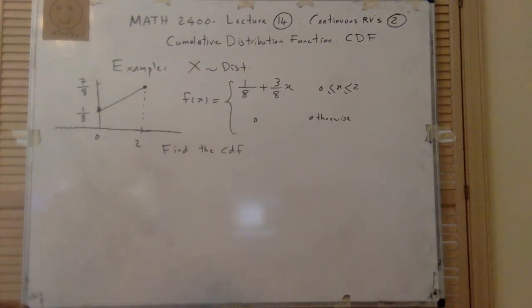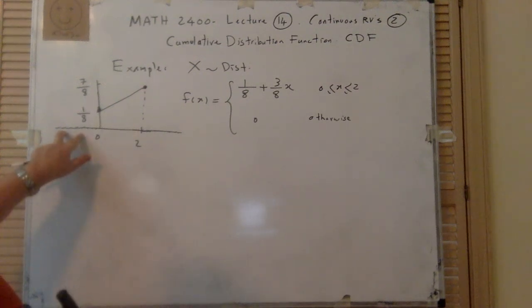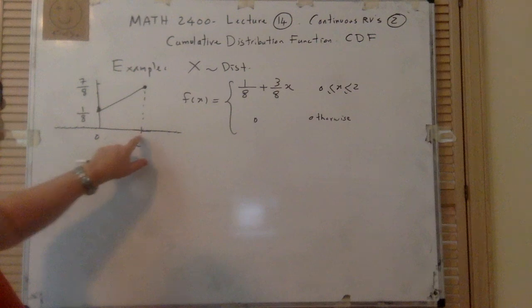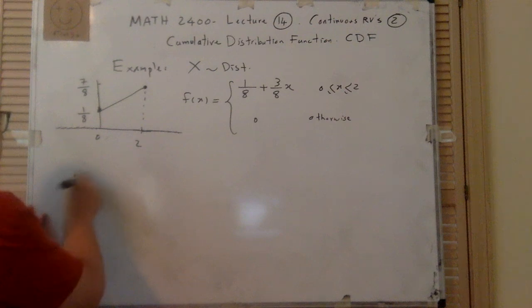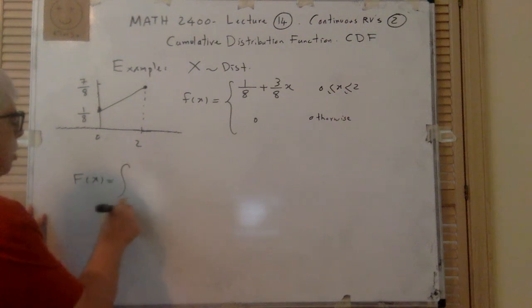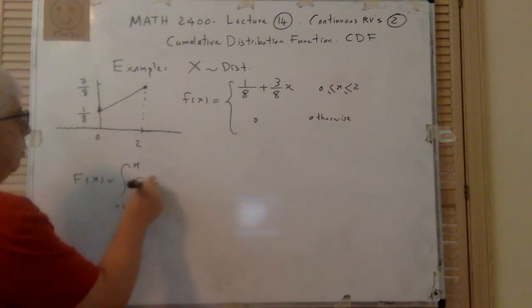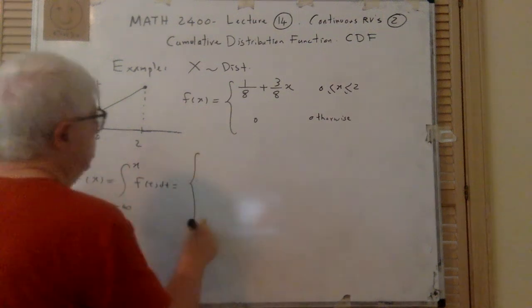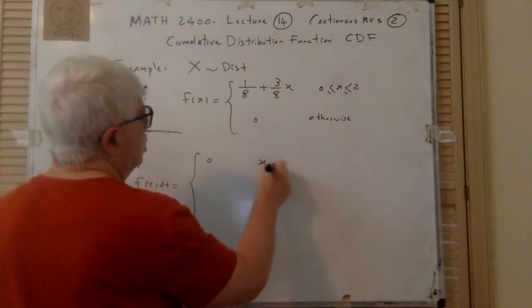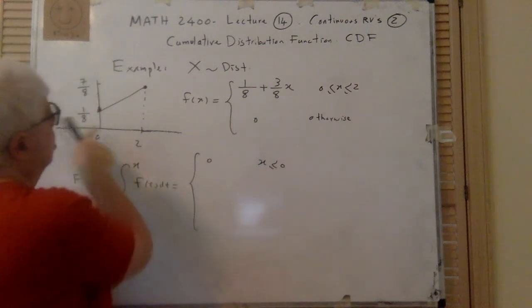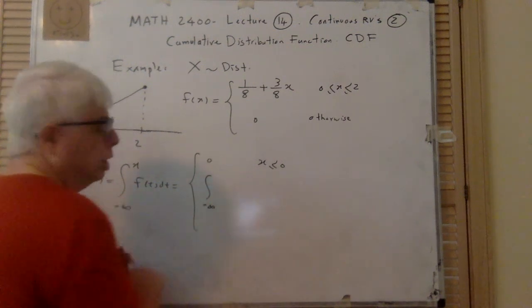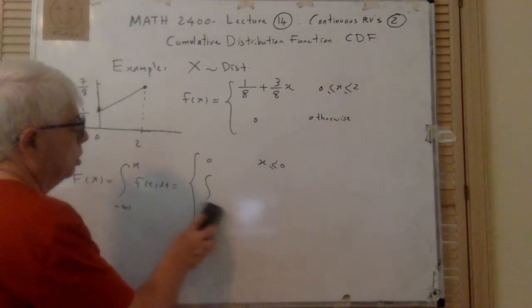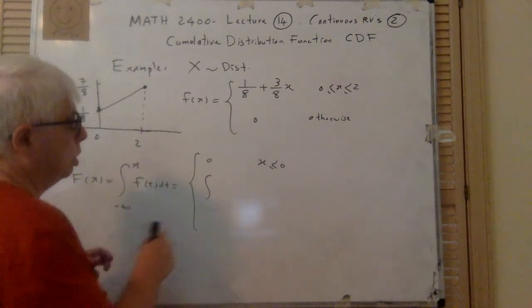Okay, so you have to divide this into 3 cases: when x is less than 0, when x is between 0 and 2, and when x is bigger than 2. So F of x, which is the integral from minus infinity to x of f(t) dt, will be 0 if x is less than or equal to 0, right? That is 0. In fact, there's nothing at minus infinity, so it's basically non-zero starting at 0.